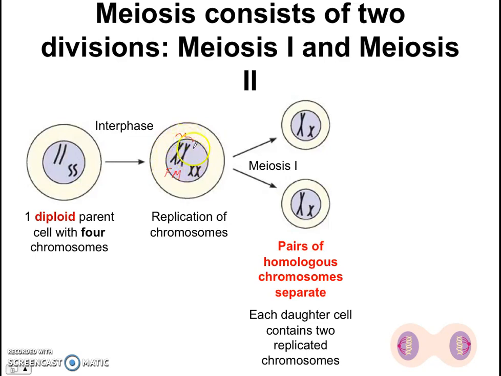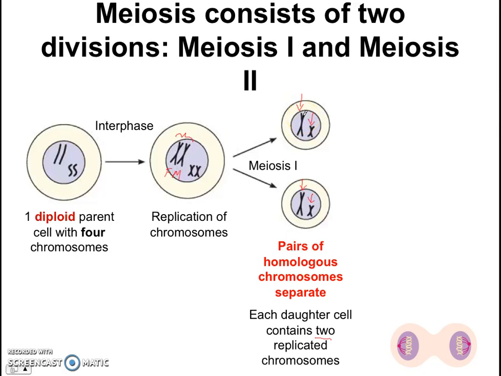This pair of homologous chromosomes is separated, and this pair of homologous chromosomes is also separated. Now each daughter cell contains 2 replicated chromosomes. So that's 1, 2, and in this daughter cell, 1, 2. So 2 chromosomes in each daughter cell, but they're still replicated, so that's why they look like a pair of sister chromatids.